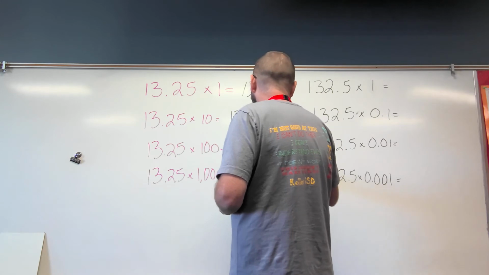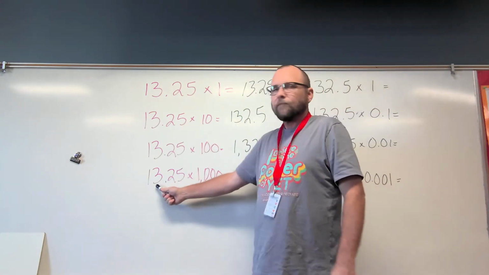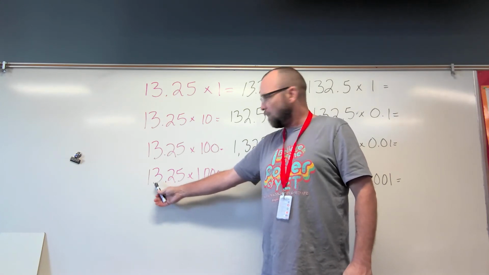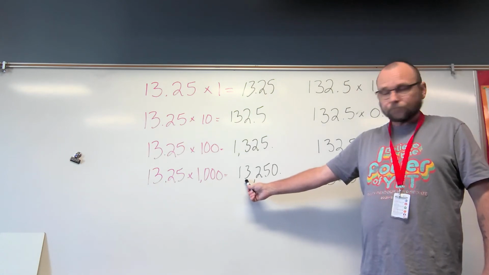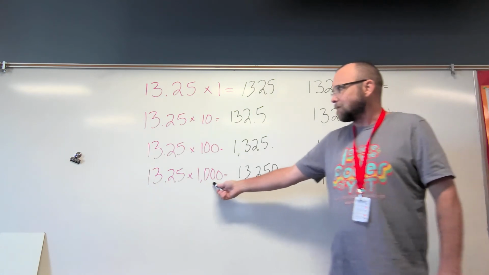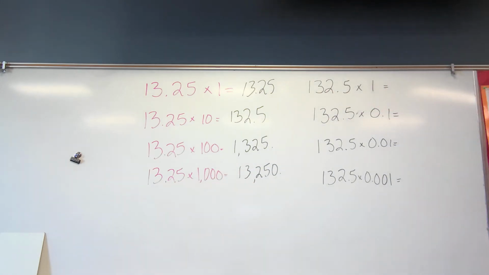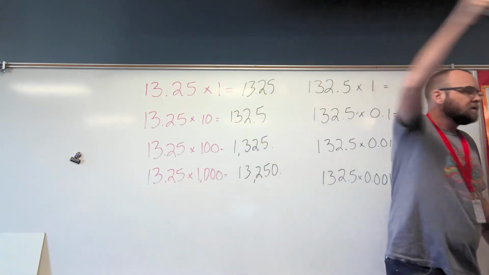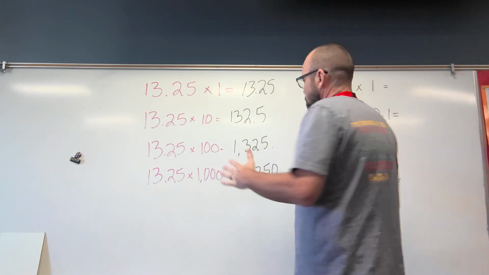Which means I have to add a 0. Because my 3 needs to be 1,000 times greater than it is. 3 ones is 3. 3 is now in the thousands place. 3,000 is 1,000 times greater than 3 ones. So moving the decimal point makes each place value 10 times greater than the one behind it.